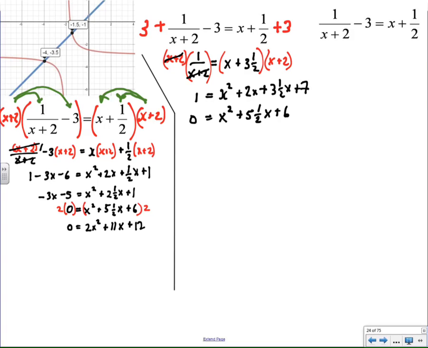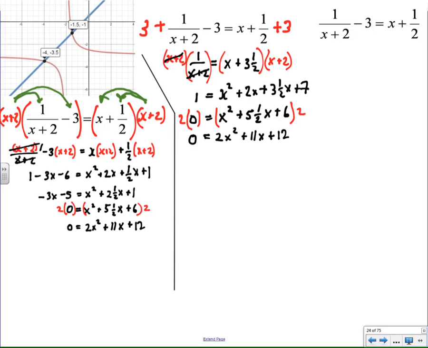And once again we see fraction coefficients, we'll double both sides, and we end up with identical equations. So the choice is multiply both sides by x plus 2 right away, or get rid of the negative 3 by applying the inverse of minus 3, and then multiplying by x plus 2 on both sides. Turns out to make the work a little bit cleaner.